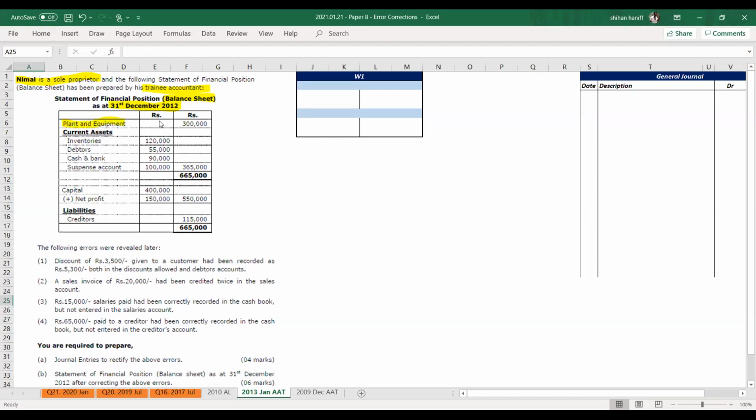Plant and equipment 300,000, current assets, inventories, debtors, cash and bank, and there is a suspense account with 100,000 balance. Capital 400,000, net profit 150, and there is one liability, creditors 115,000.